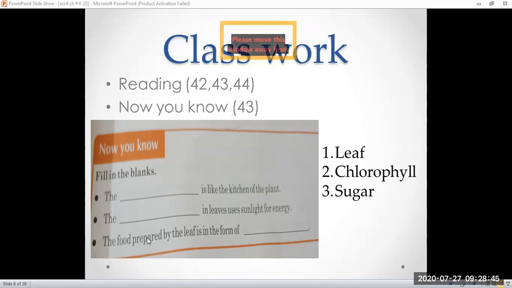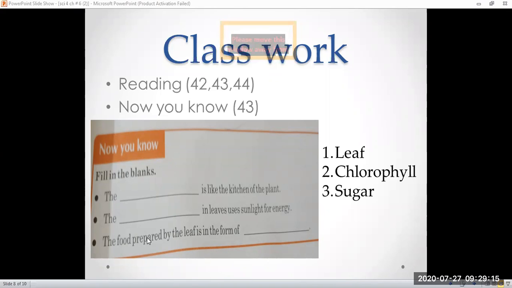Food prepared by the leaf is in the form of dash, in the form of sugar. Note it down. In the first one you are going to write leaf, in the second the answer is chlorophyll, in the third the answer is sugar. Done, everyone?